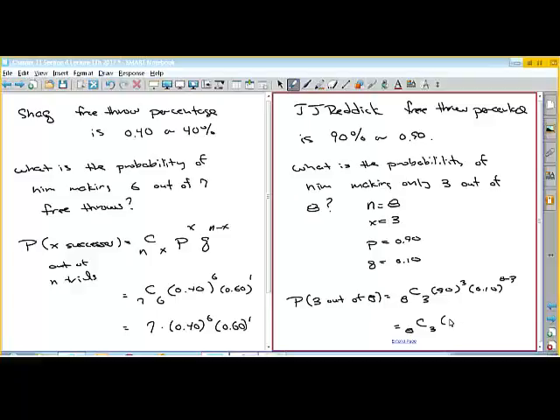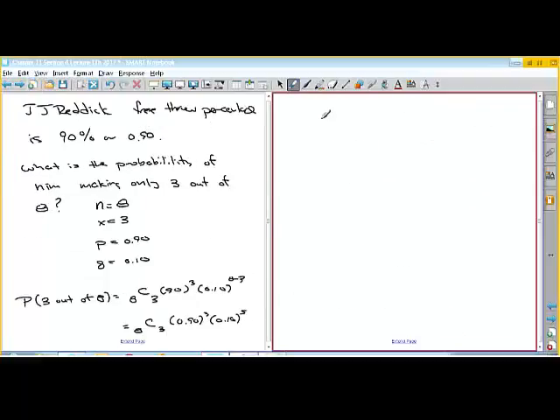Now, in this case, you're actually going to have to calculate this because it's not one of the easy ones. So see if you can remember how to do that. I'll write the formula down for you just in case you forgot what it is. So the formula for figuring out n things x at a time would be n factorial divided by x factorial times n minus x factorial.